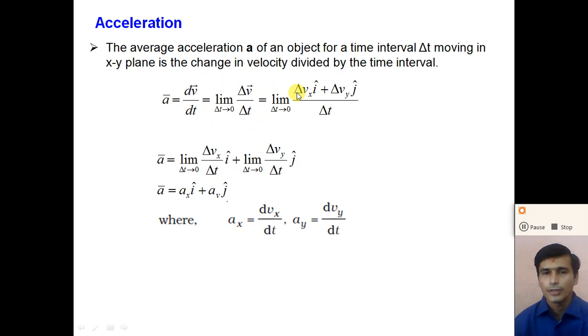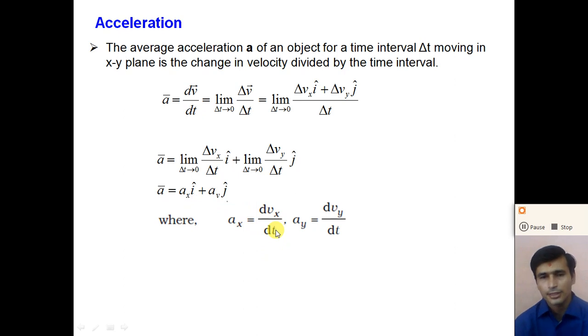So if we put it in component form, limit delta t tends to 0, delta vx i, that is the change in the velocity along the x-axis, plus delta vy j, divided by delta t, we get the acceleration a is equal to ax i plus ay j, where ax is the x component of the acceleration, ax is equal to dvx by dt. That is, if we differentiate the velocity with respect to time, we get the acceleration.